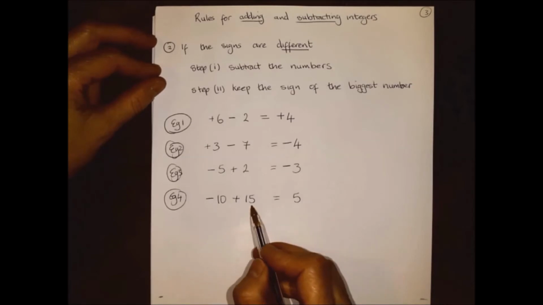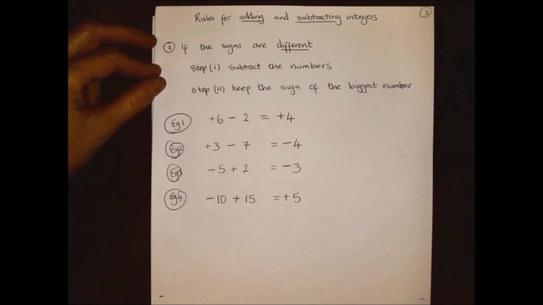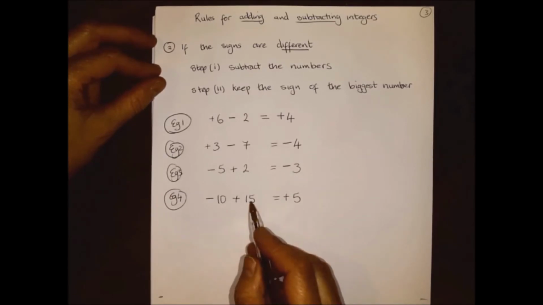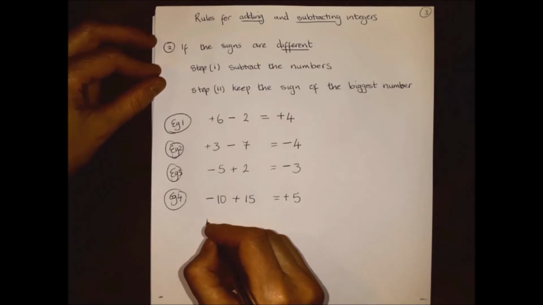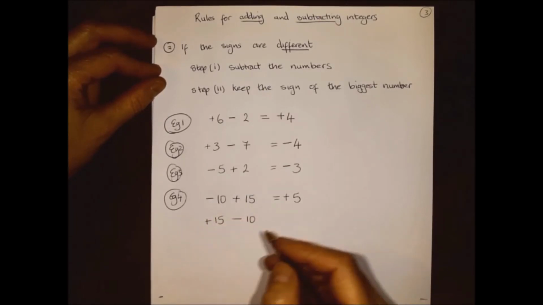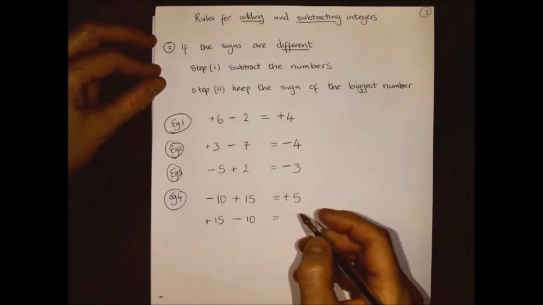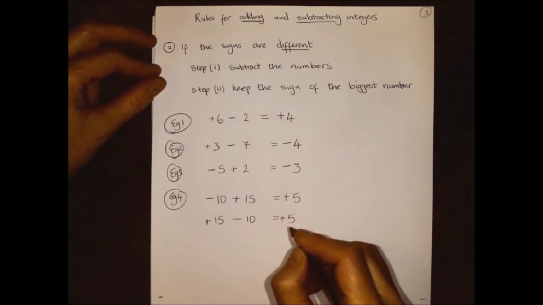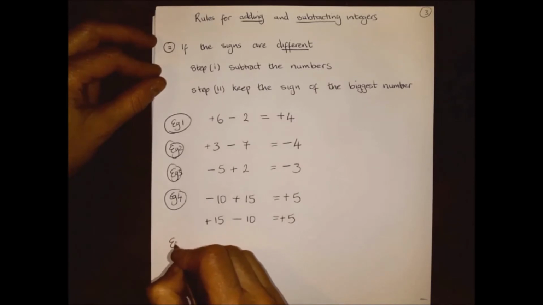We have a look. That's 15. We choose the sign of that, which is plus. So the answer is plus 5. Now this question could have been written the other way around. I could have had the 15 at the front. Plus 15 minus 10. And that's more familiar. 15 take away 10 is 5. Plus 5.